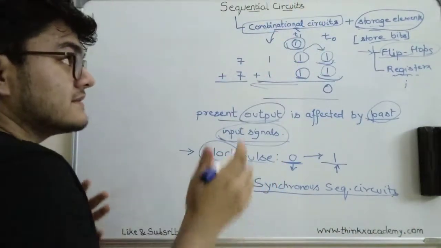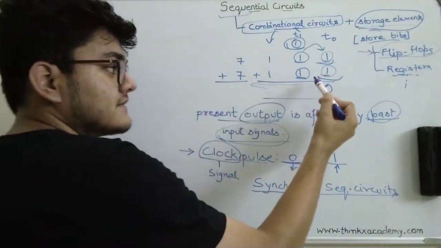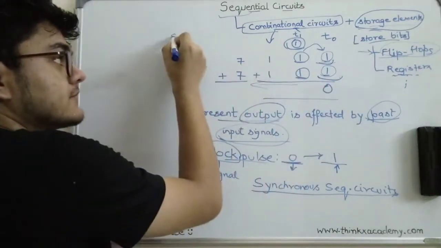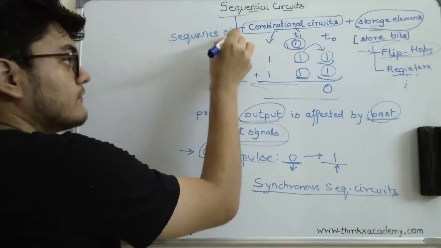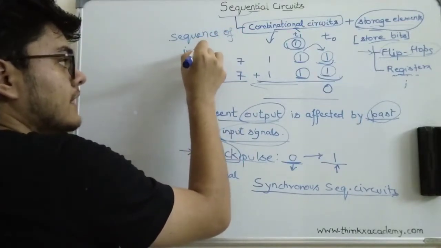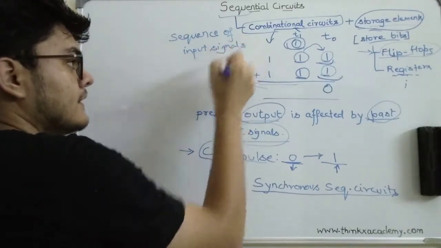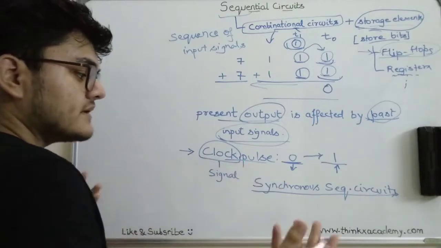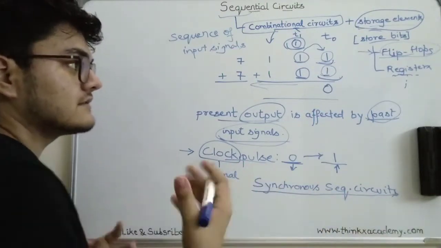Sequential circuits have the term sequence, which basically means a sequence of input signals. So I'm going to write here: sequence of input signals. Those sequential circuits which do not have the clock pulse are known as asynchronous sequential circuits.